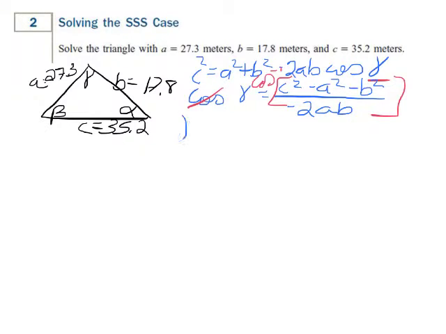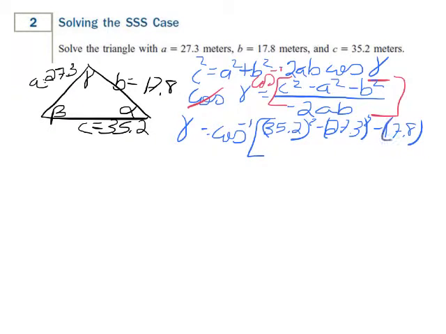Okay, here we go. So gamma is going to be cosine inverse of 35.2 squared minus 27.3 squared minus 17.8 squared all over negative 2 times 35.2 and B, which is 17.8.